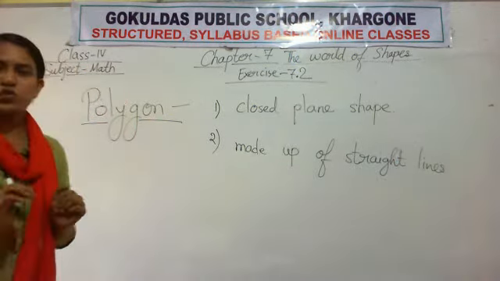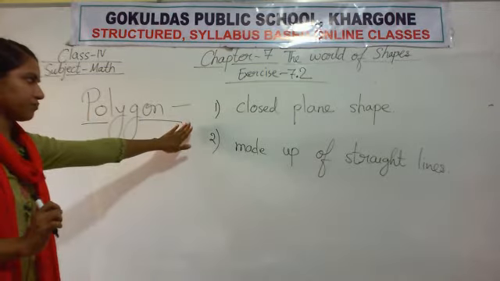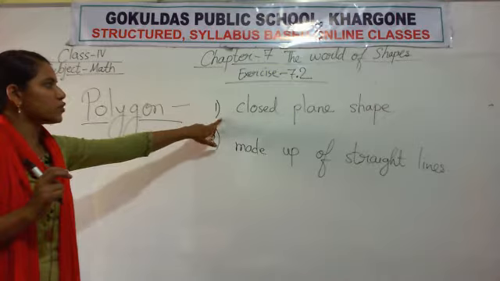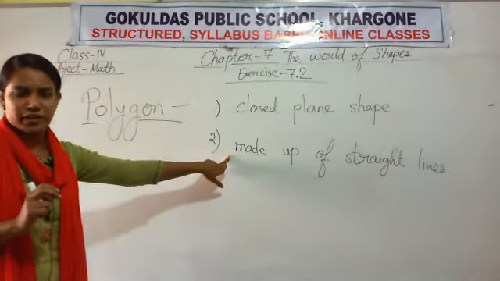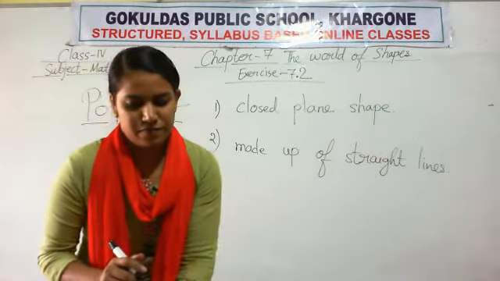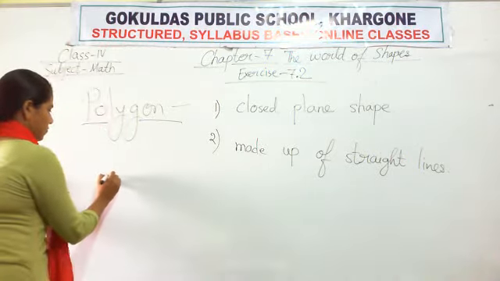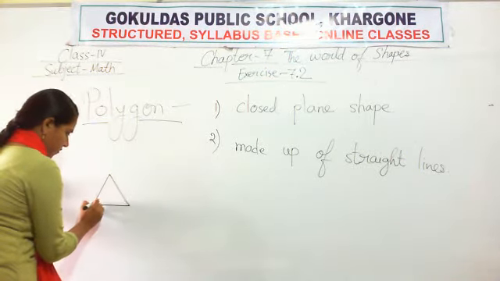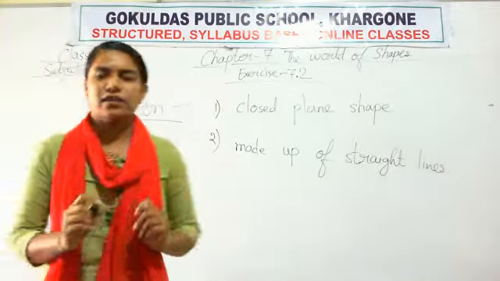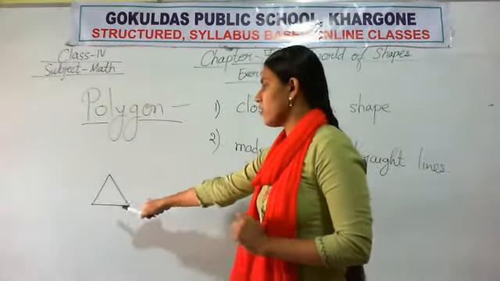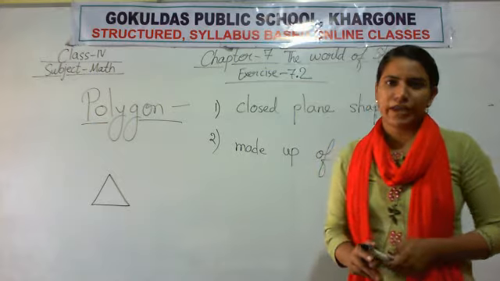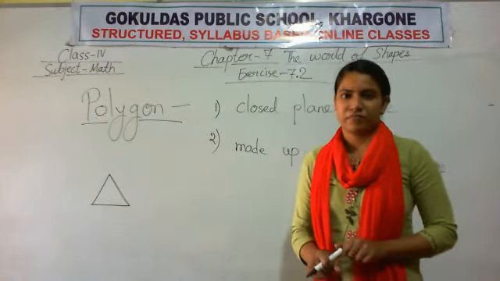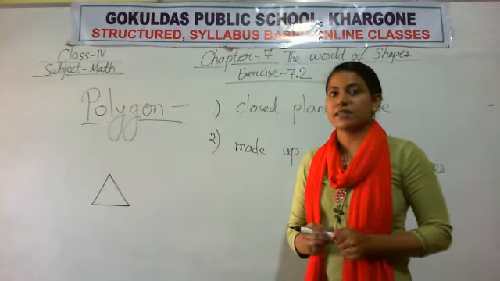So for a figure to be said a polygon, these two conditions must be fulfilled. I have drawn a plane shape in front of you. What is the name of this shape? It is a triangle.